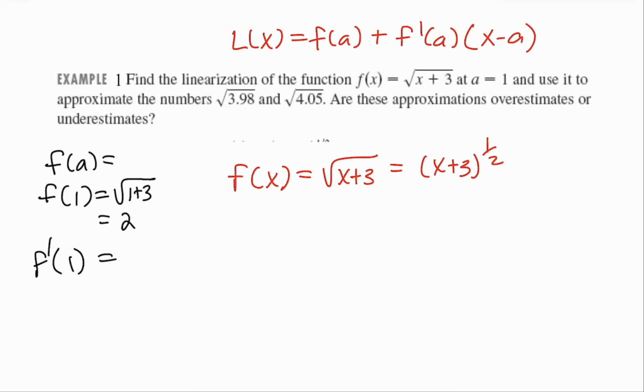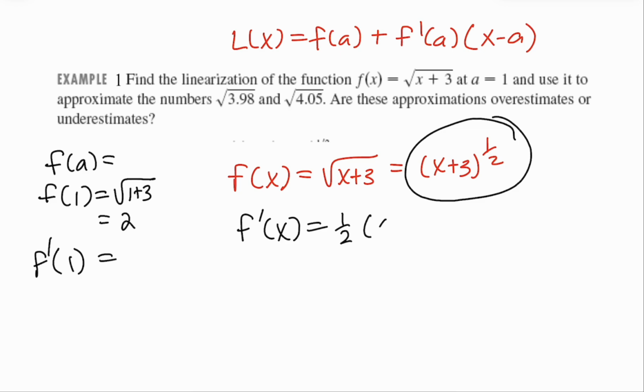So let's take our derivative. I've rewritten this so that I can use the chain rule pretty nicely. I'm going to drop the power, leave the stuff alone. Power goes down by 1 times the derivative of the inside. Now this derivative is nice, it's just 1.